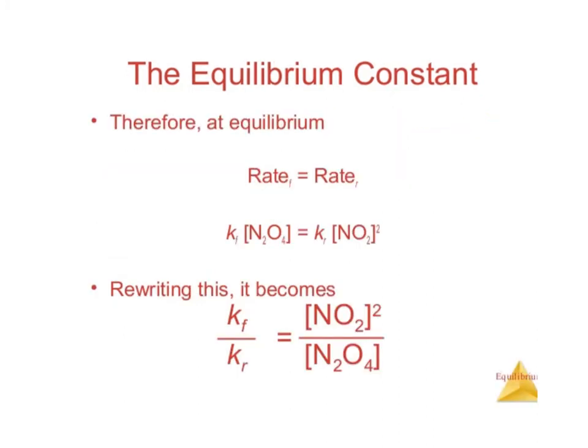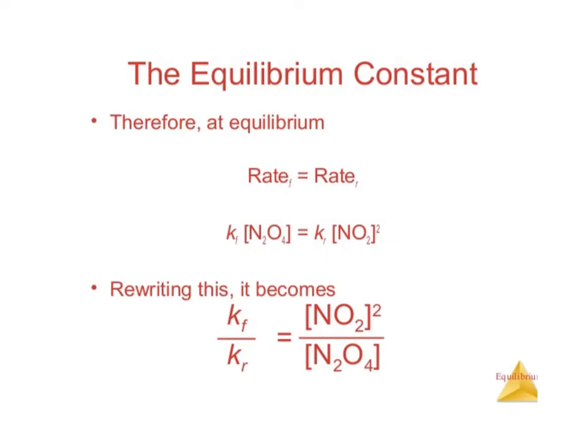Now, since we just said a few slides ago that at equilibrium the forward rate, rate F, equals the reverse rate, rate R, we can substitute in our rate laws. The forward rate law was K forward times the concentration of N2O4. That is equal to K reverse times the concentration of NO2 squared.